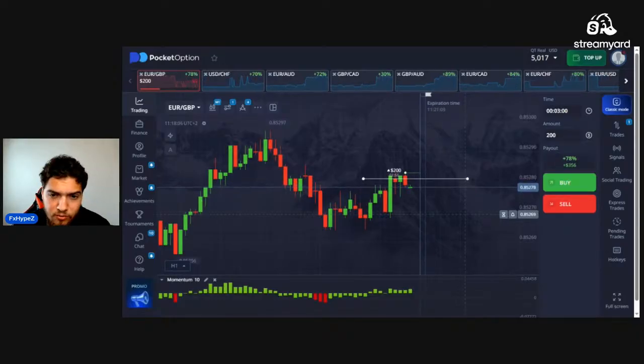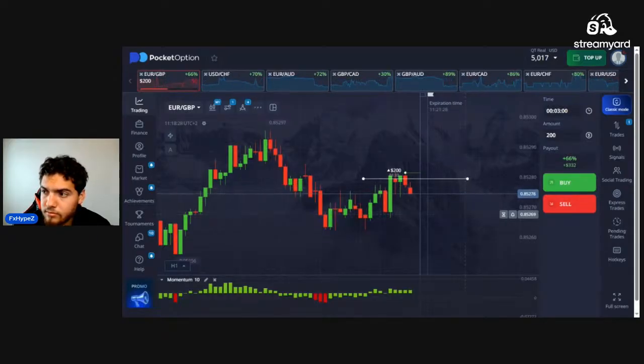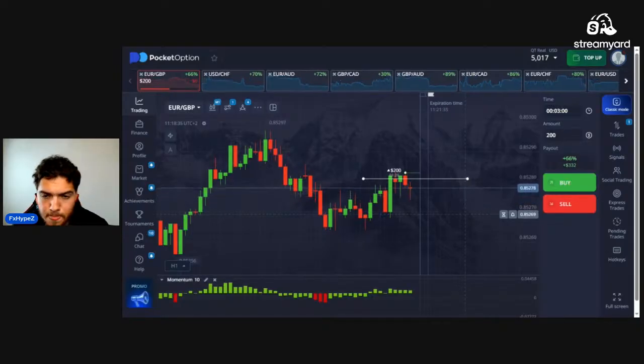Price is rejected off, which I don't like, because that may just be a pullback. But we're going to watch it. Yeah, it's a strong rejection.